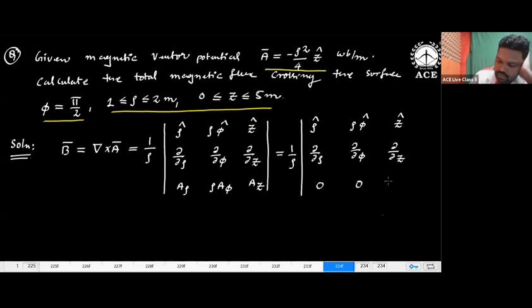A phi is also 0. This one is minus rho square by 4.